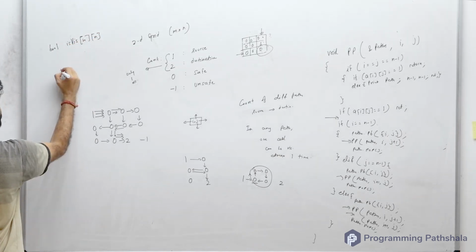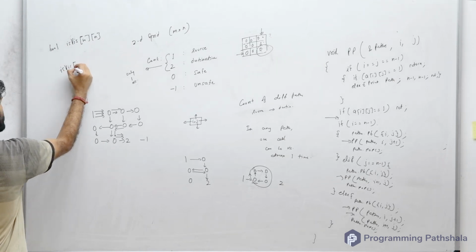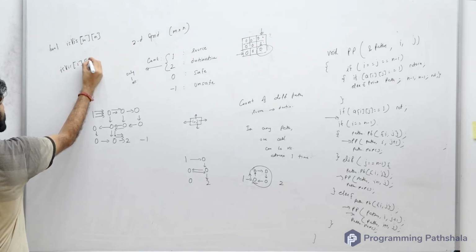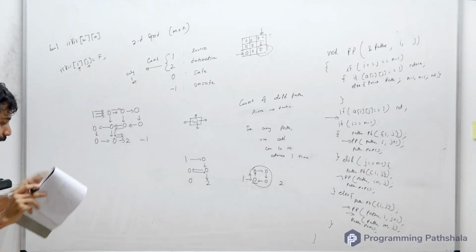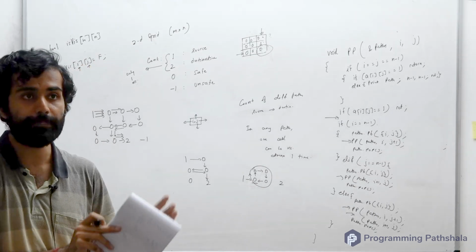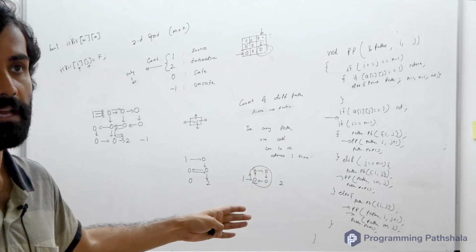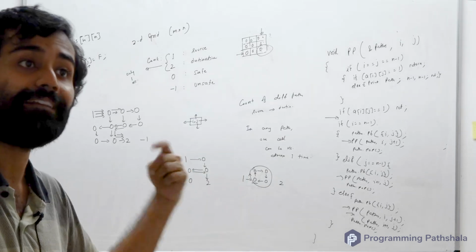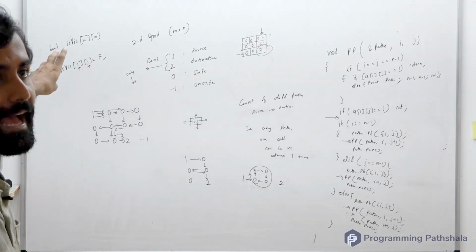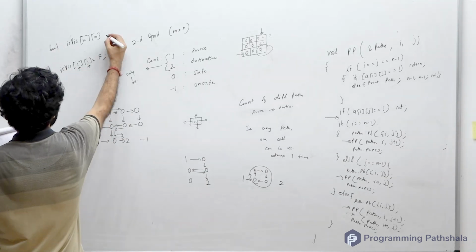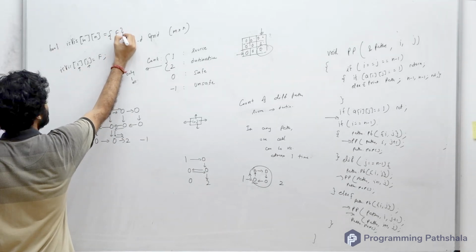Okay, so if isVisited of, let's say, i comma j is false, it means that i comma j has not been touched, so you can touch it. But if it is true, that means it has already been touched, so you should not retouch it. So I can have this kind of matrix, and you would want to initialize everything initially to false.